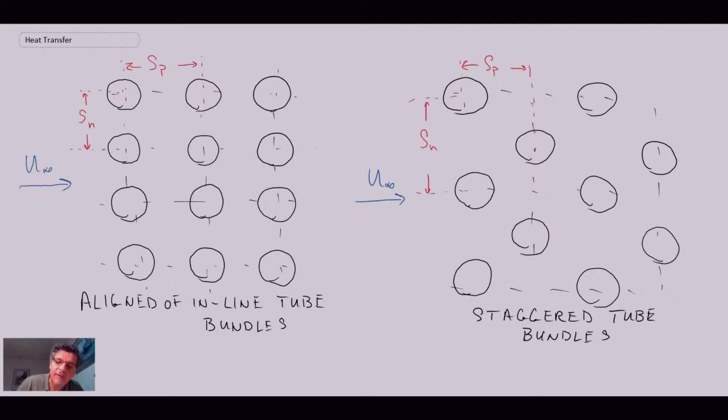Before we look at the flow field, however, let me define a few things. On the diagram, I've shown SP and SN. That is basically the spacing normal and parallel to the flow direction. So SN is spacing normal to flow direction, and SP is spacing parallel.